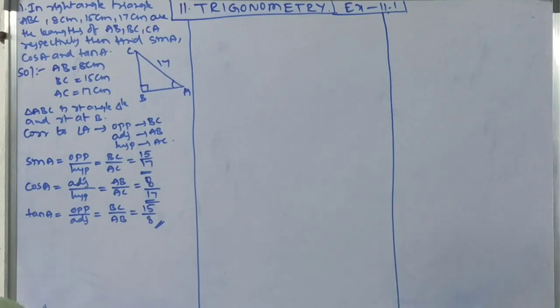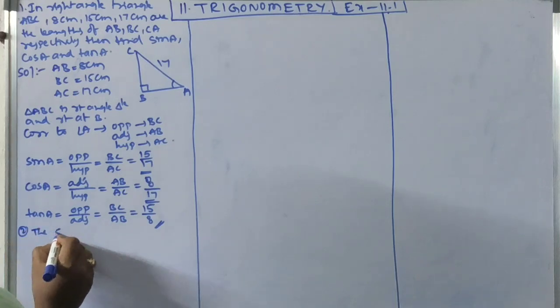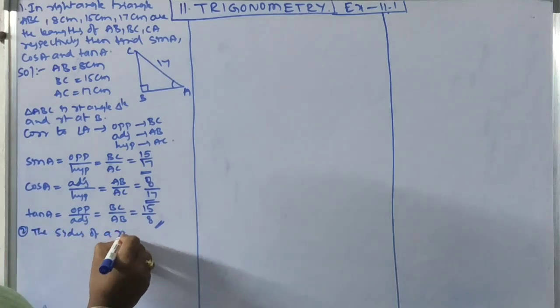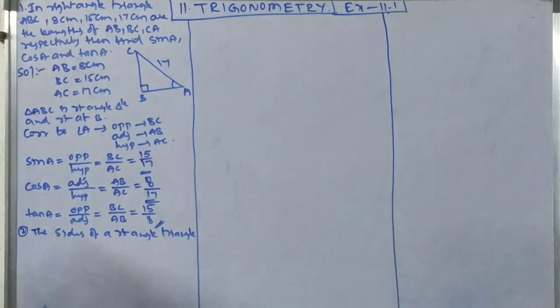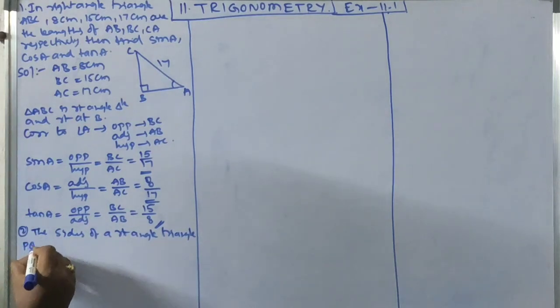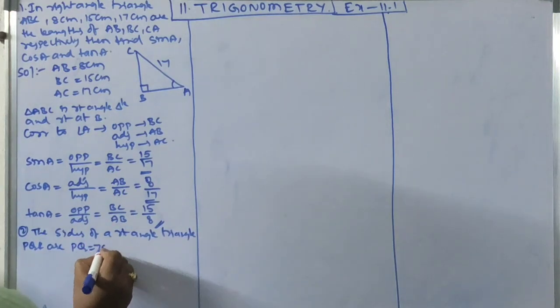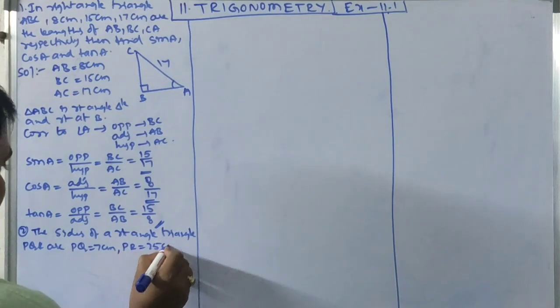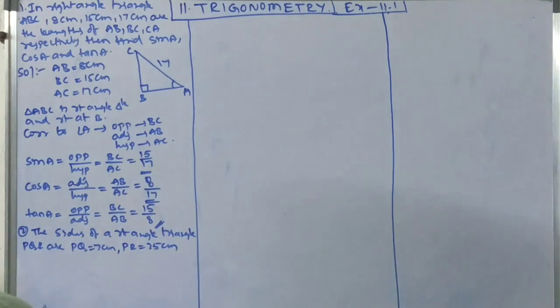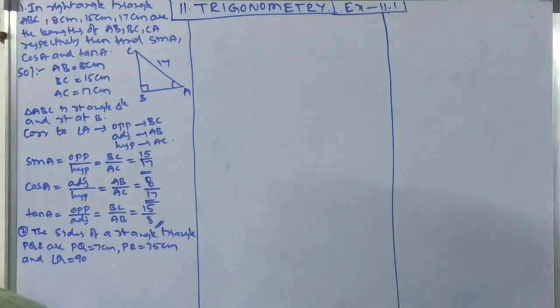Question number 2. The sides of a right angle triangle PQR are PQ equal to 7 centimeters, PR equal to 25 centimeters, and angle Q equal to 90 degrees respectively.